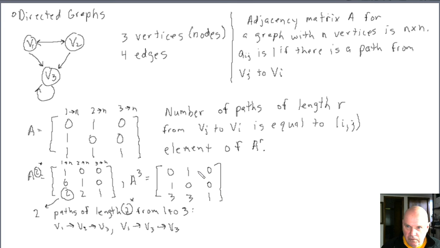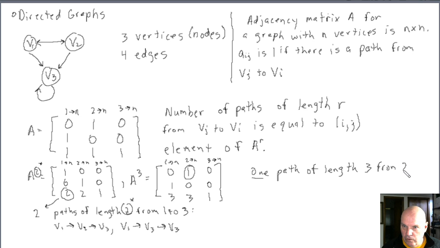Similarly, if I look at this element, this is 1 to n, 2 to n, and 3 to n. There's only one path. So this one corresponds to one path of length 3, and the 3 there corresponds to the power. The position is from node 2 to node 1.